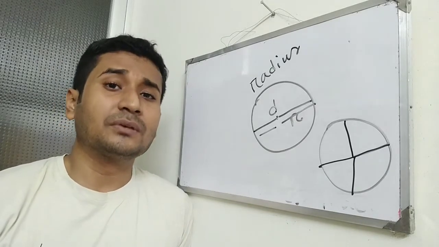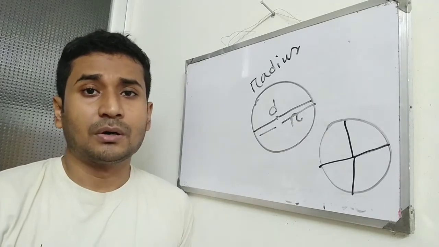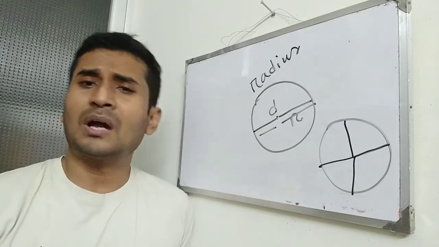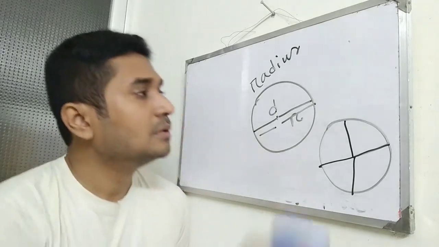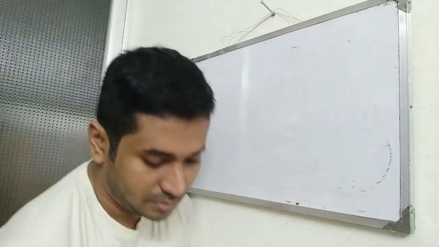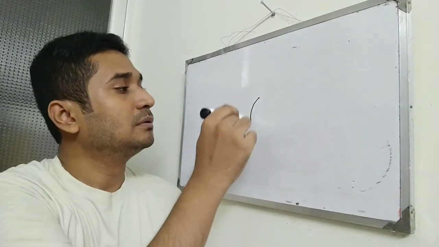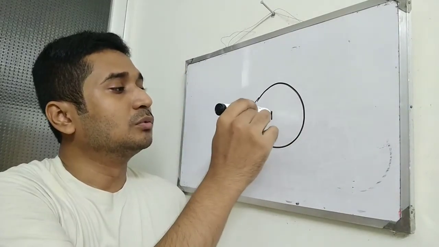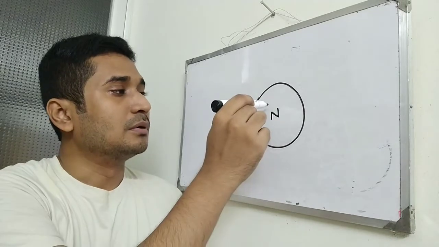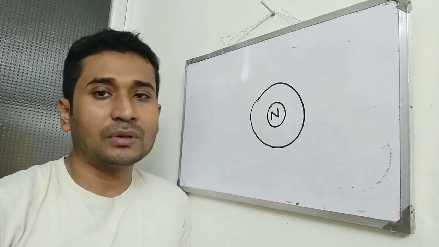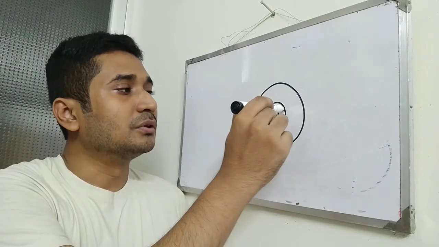but we're studying chemistry, so you have to determine the radius of the orbit of any atom. You know about orbit, right? Like the nucleus. In the nucleus there are protons and neutrons.